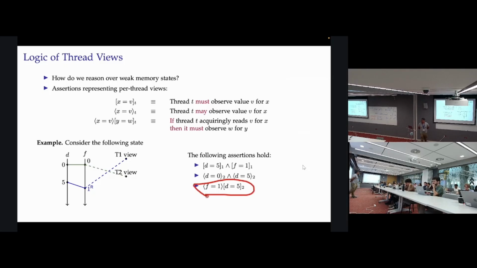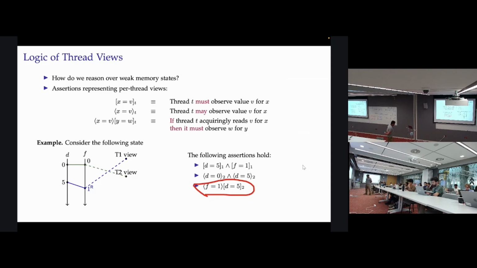True or false? That is true. But why is it true? Can you think about why that's true? Because there's a release on the 1, which means that for that read to have happened, it has to be paired with the write from T1.